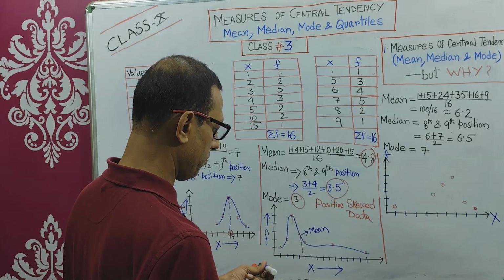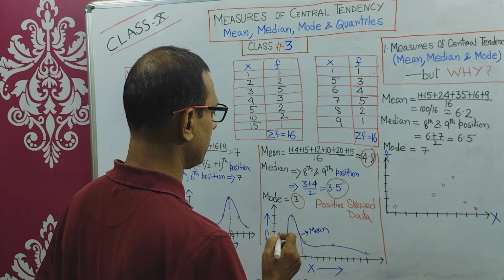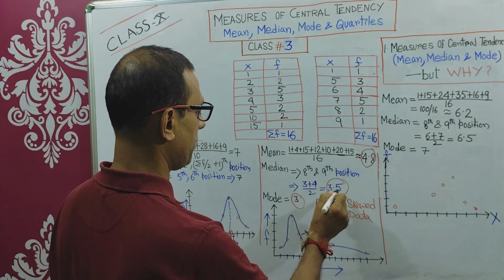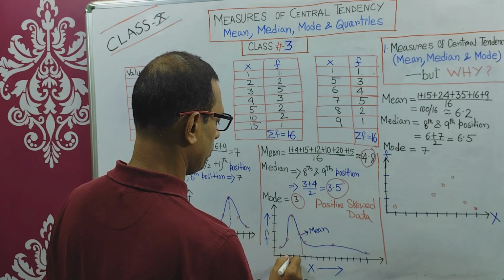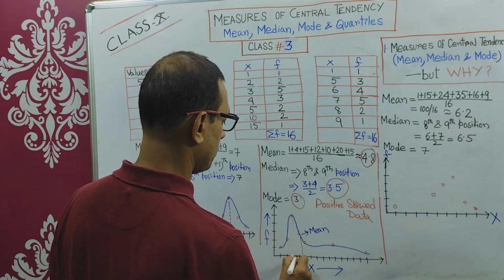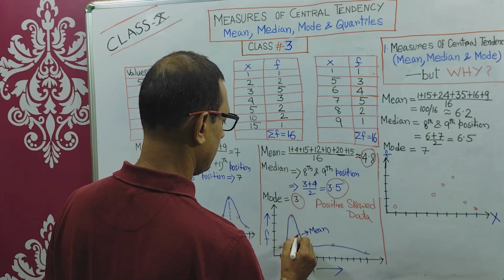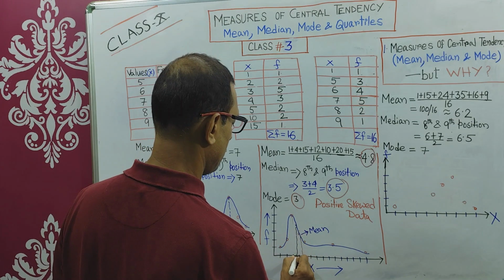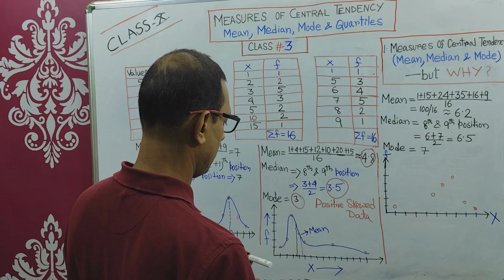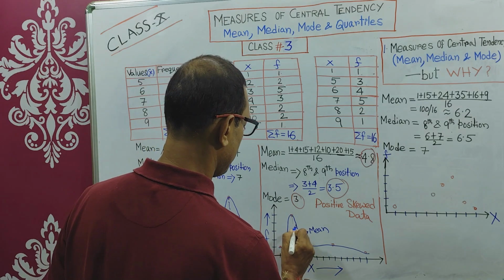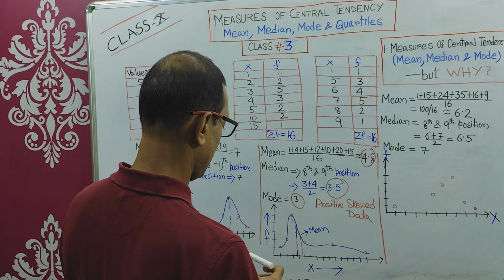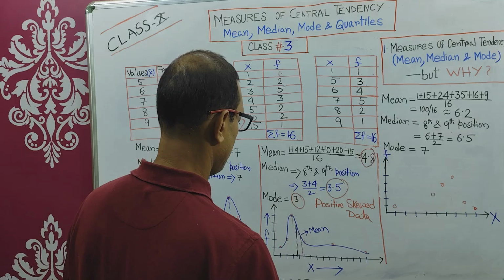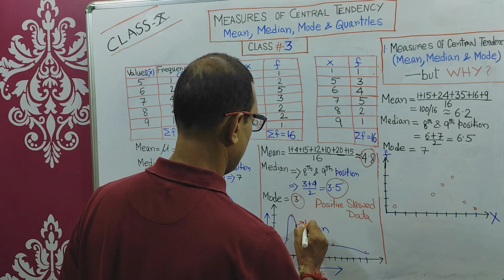Where is the median line? Median is 3.5. 1, 2, 3, 3.5. This is the median. This line is median.